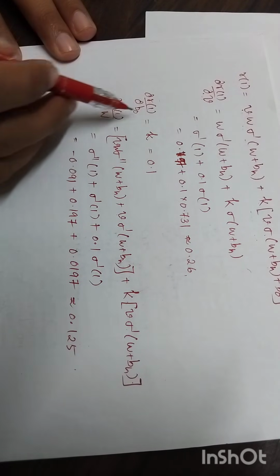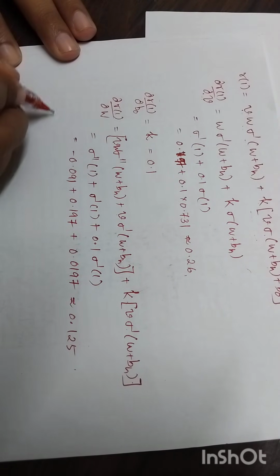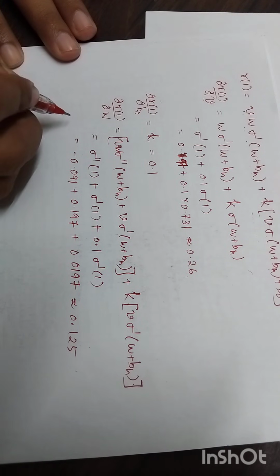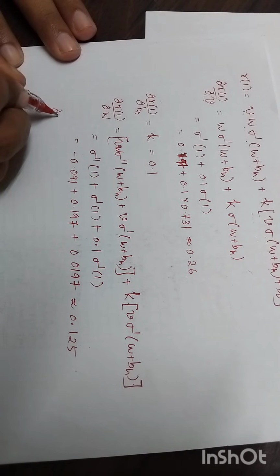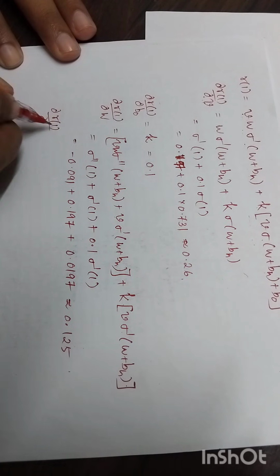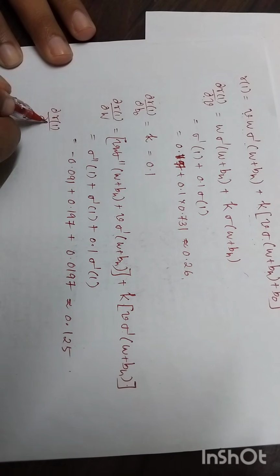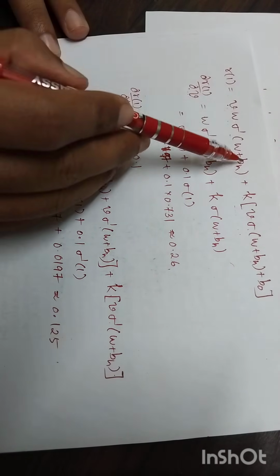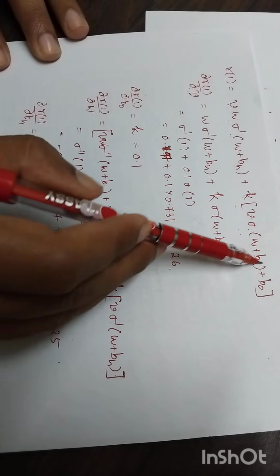Then we have calculated the derivative with respect to W. We have to calculate with respect to the other parameters, that is ∂r1 by ∂V, ∂BH, and ∂B naught. Now if you look at the r1 equation, BH is there and here BH is there.